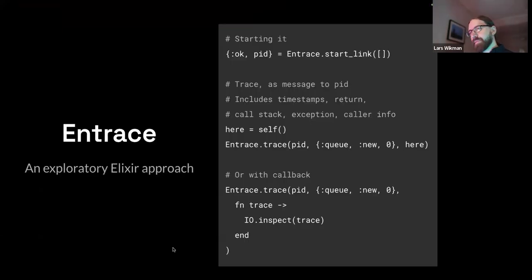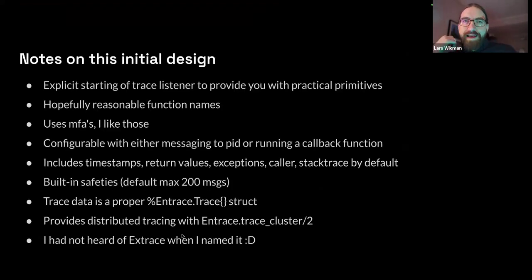So let's talk a little bit about Trace. For the primitive use of it, you start it with start_link, and then you can make calls to it like this. Having an explicit starting of the trace listener is intended to give you practical primitives that we can build cooler things on top of. I hope to give it reasonable function names.